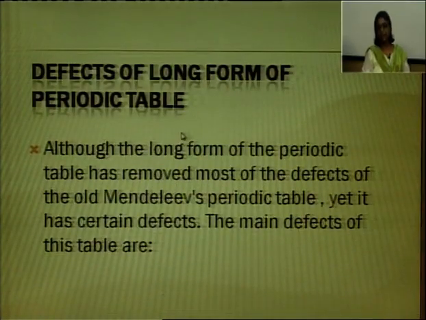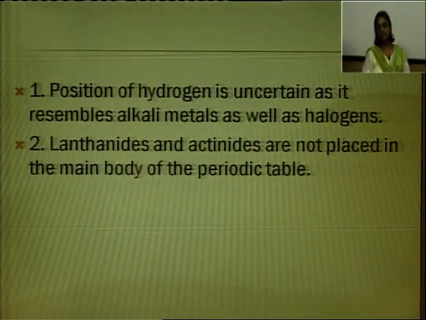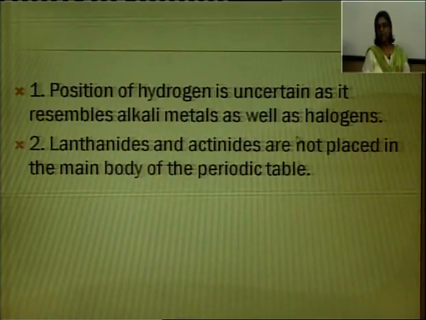Now, the defects of the long form of periodic table. Although the long form of periodic table has removed most of the defects of Mendeleev's periodic table, it still has a few defects, and the main defects are: the position of hydrogen is uncertain as it resembles alkali metals as well as halogens.